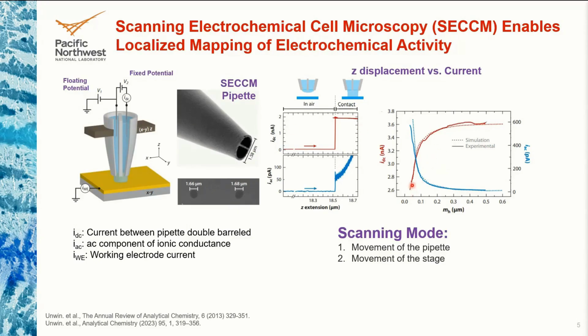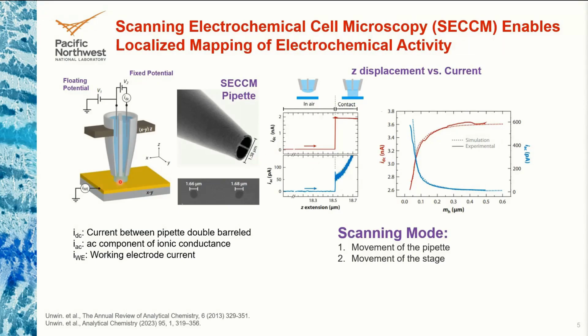That creates an approach curve, and as soon as the tip lands on the surface, it will squeeze the droplet and the current decreases. You can correlate the decrease in the current to where you want to stop on the surface, and that can be used to maintain a constant distance between the tip and the surface throughout the measurement when you land on it.